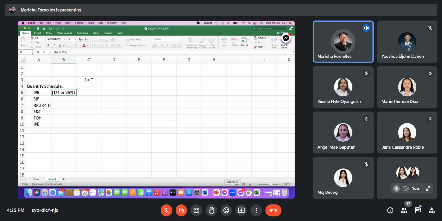So if that is the parenthetical notation, that tells you that the units started last month were 25% or 1/4 complete as to materials, 1/4 complete as to labor, and 1/4 complete as to overhead. So uniform ang tulo ka cost elements.